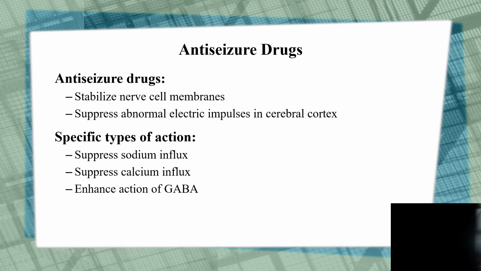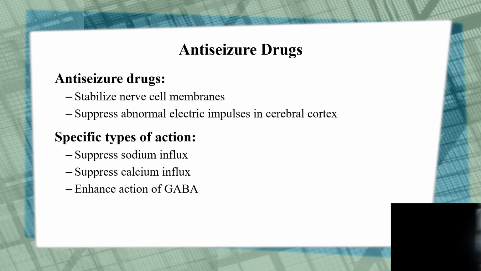One, they suppress the sodium influx, through the drug binding to the sodium channel when it is activated, which prolongs the channel inactivation and thereby prevents the neuron from firing.